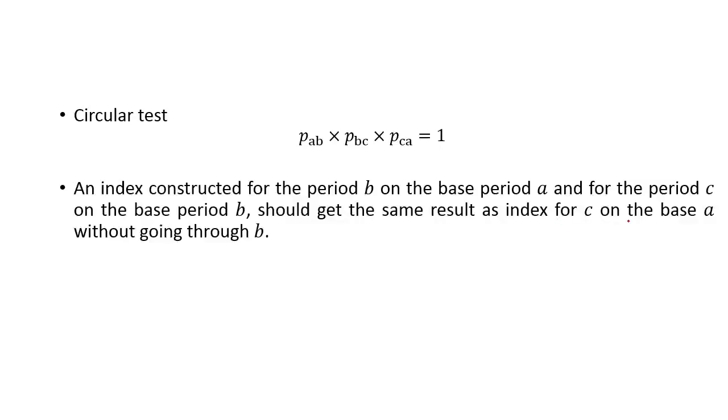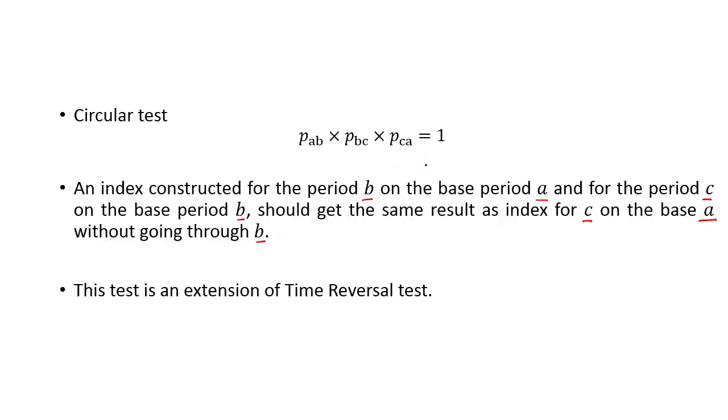In simple language, what it means is that the index number that we are constructing for period B with respect to A, and for C with respect to B, should give the same result as the index number for C with base A without going through B. If you see, this is just a special case of the time reversal test that we talked about earlier, because if I take only 2 periods, say A and B, this test says PAB into PBA should be equal to 1.